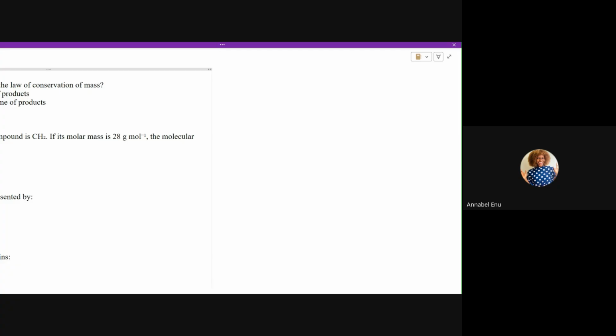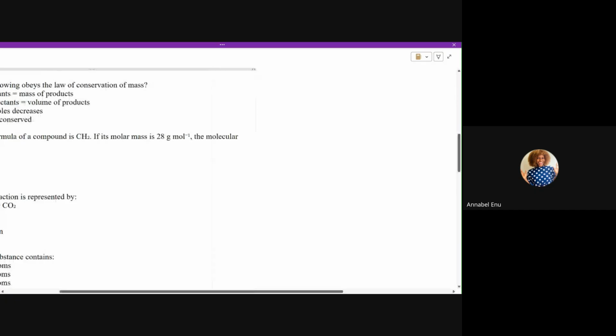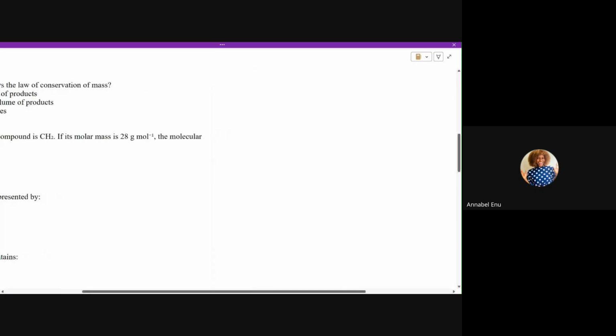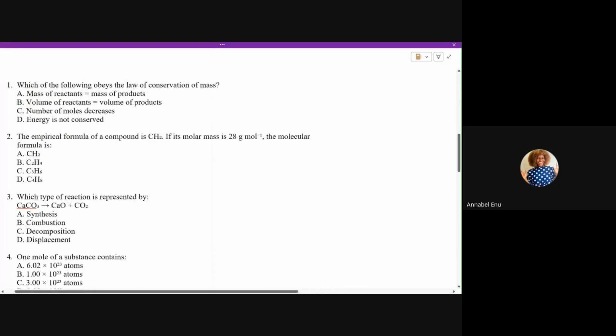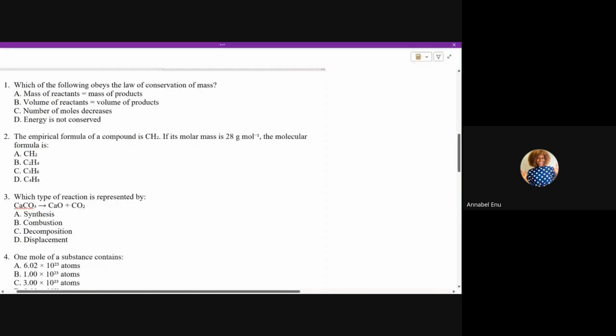I hope everyone is following me. Okay, all right. So for us to be able to get the molecular formula, we know that the empirical formula tells us the ratio of one element to the other.